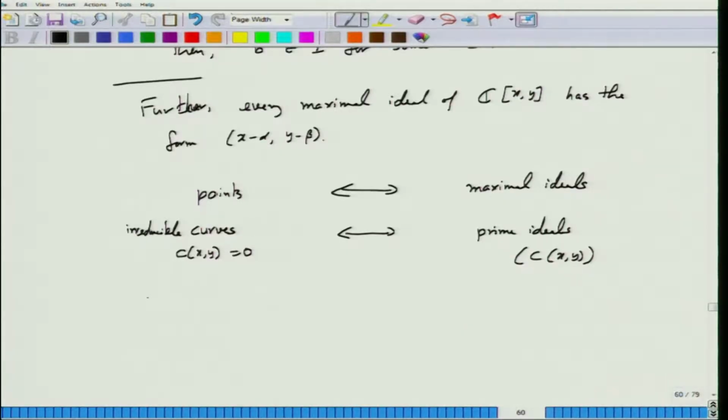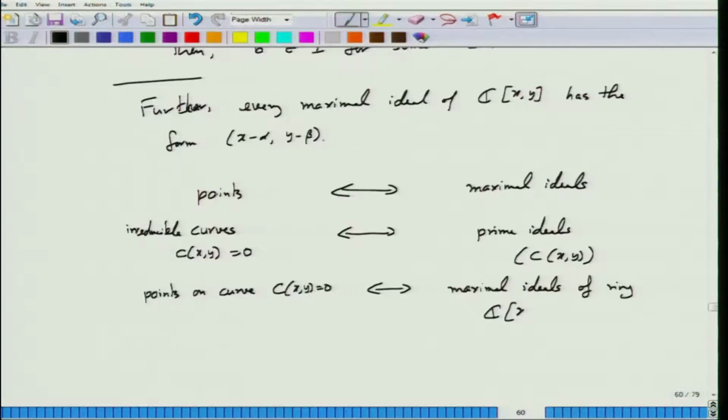So let's go further. Points on the curve C(x, y) equal to 0 correspond to the following: take the quotient ring, quotient with the ideal generated by C(x, y).